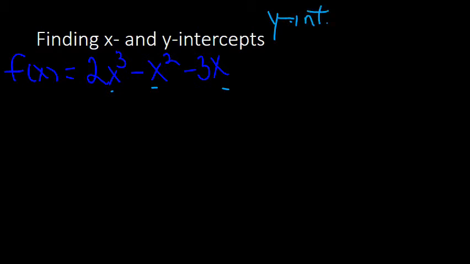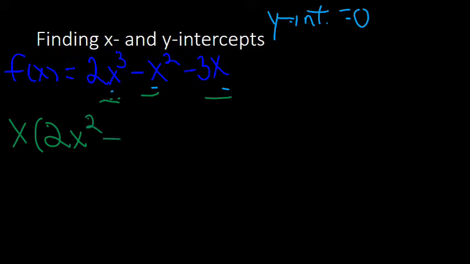And so my y-intercept is just actually going to be 0. I'm just going to abbreviate that. Y-intercept is equal to 0. Now, I've got to deal with my x-intercepts. And on my x-intercepts, I'm going to set the entire equation to 0. But let's look here as I have to factor that out to do that. And I can see again that each of these terms has an x in it. So I can immediately go in here and factor out an x, which then gives me x and then 2x squared minus x minus 3.